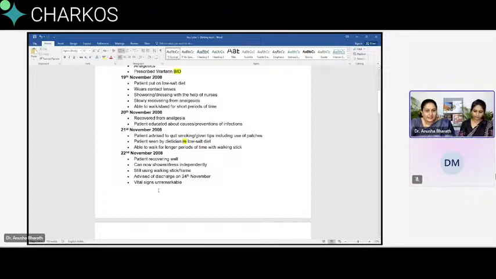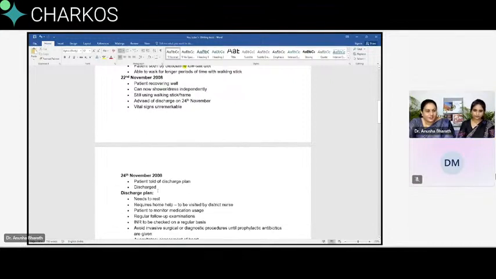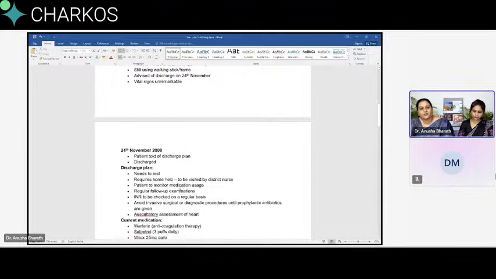Vital signs are unremarkable. So on 24th November 2008, patient was told regarding the discharge plan and the patient was discharged.